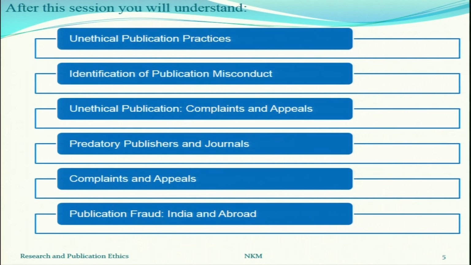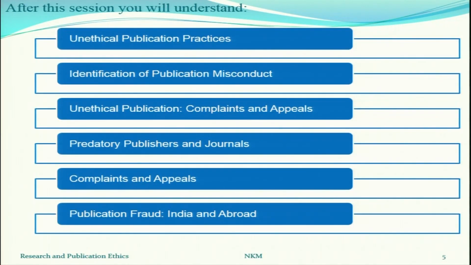We will try to understand the complaints and the appeals also, and then we will be focusing on predatory publishers and journals, so that they come to know about predatory publishers and the characteristics of such journals. What are the implications and results of predatory publications. So they will come to know certain cases of publication frauds that occurred in India and abroad.